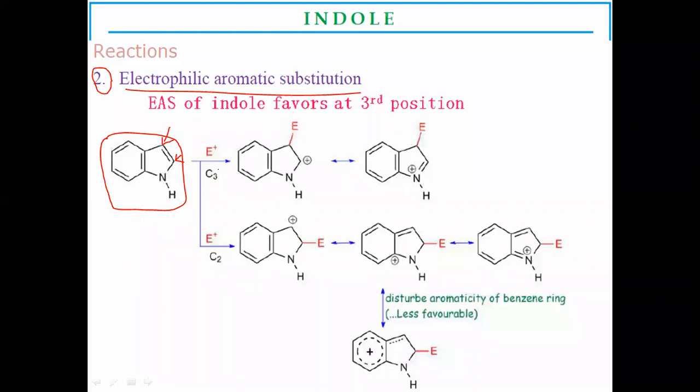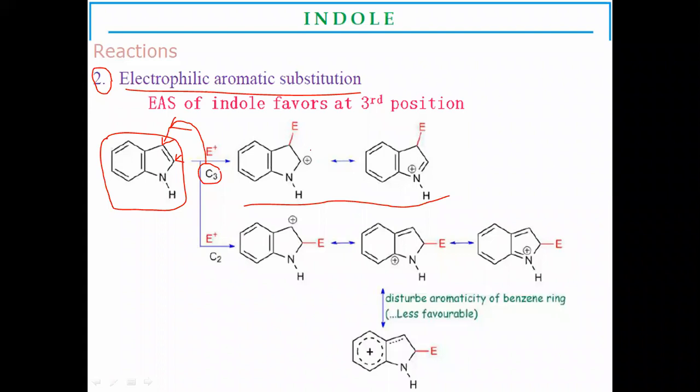If you consider the C3 position, substitution of the electrophile at the C3 position, means this position, there is formation of the indolium ion, 3-substituted indolium ion.